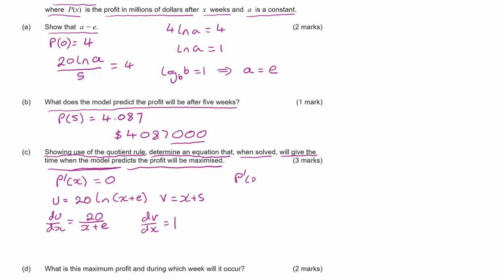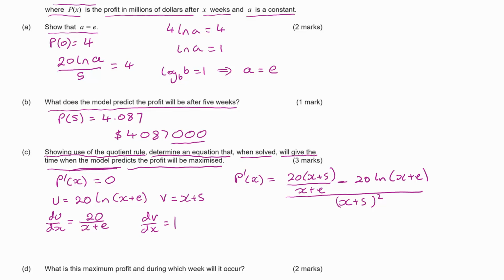So P dashed X is going to be V du dx, so that will be 20 times X plus 5 over X plus E, take away u dv dx, which is 20 log X plus E, all over X plus 5 squared.